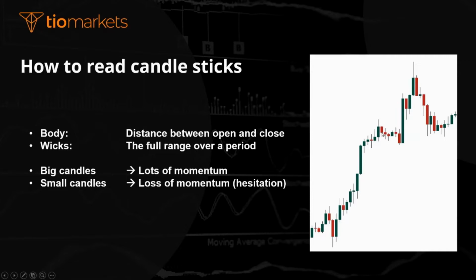So because of the different coloring here, you can quickly see that, okay, the market was moving higher, and then it reacted lower. And then comes another push higher, a big momentum bar.